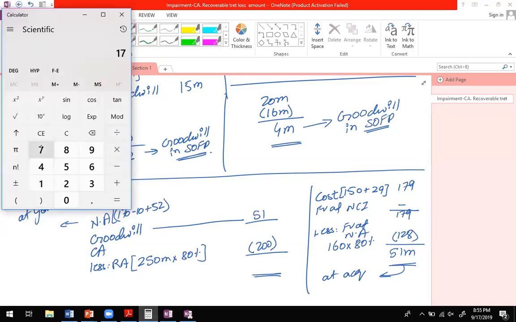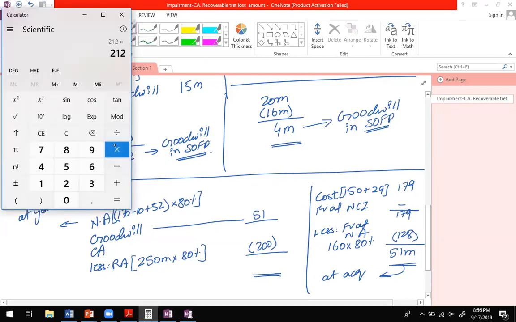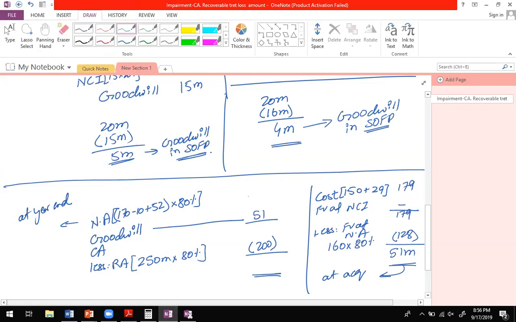So it's 170 minus 10 at acquisition plus 52 will give us the net assets at the balance sheet date, and we're going to take 80% of that. So multiplied by 80% will give us the value of 169.6.